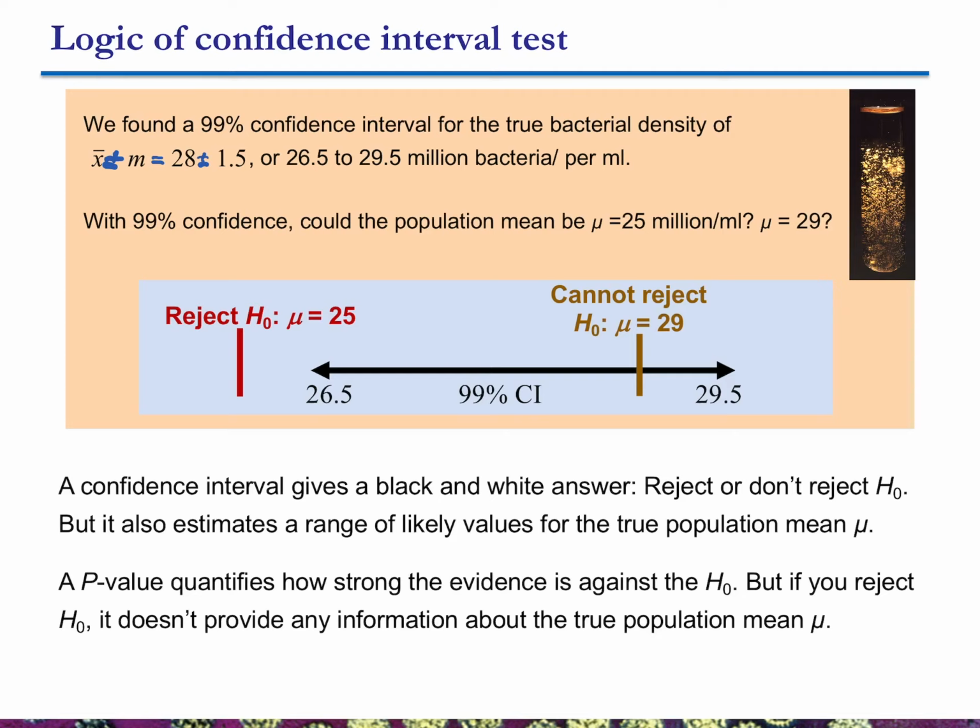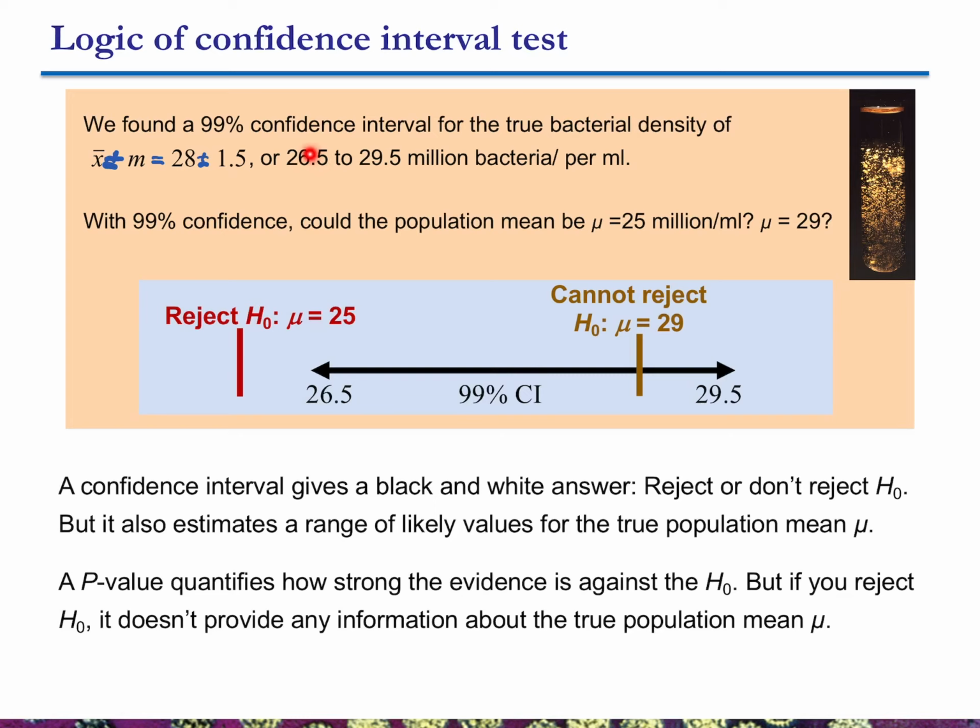All right, so we found a 99% confidence interval in that example for the true bacterial density with a sample mean plus or minus margin of error equals 28 plus or minus 1.5 million. So 28 million bacteria on average in our sample, plus or minus 1.5 million. That's a 99% confidence interval.